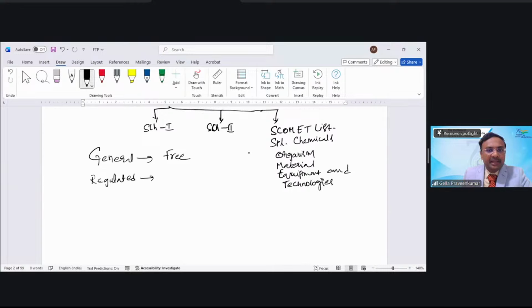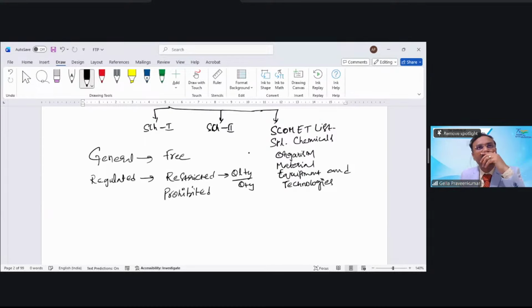Regulated will be either restricted or prohibited. So I, as an authority, classify some goods as restricted. Restricted means probably on quality, probably on quantity.